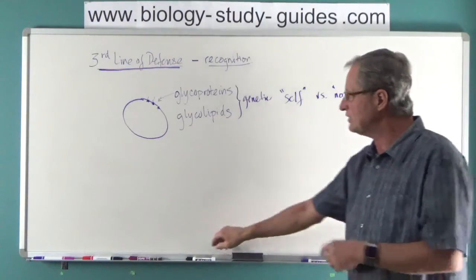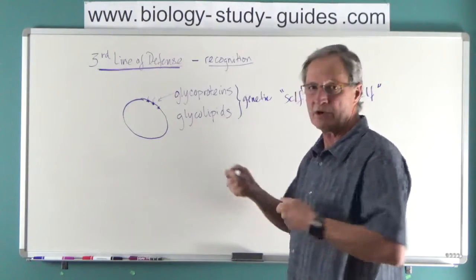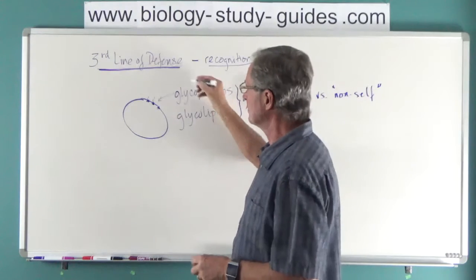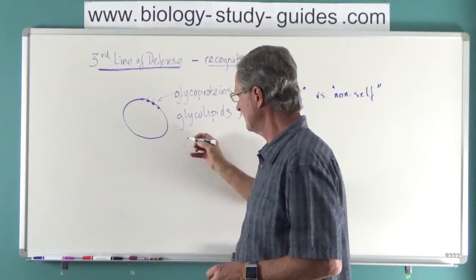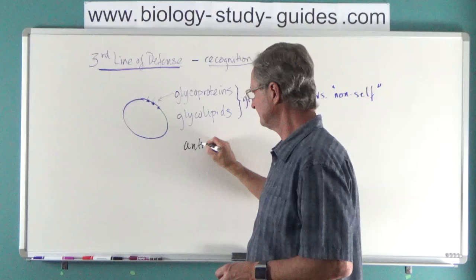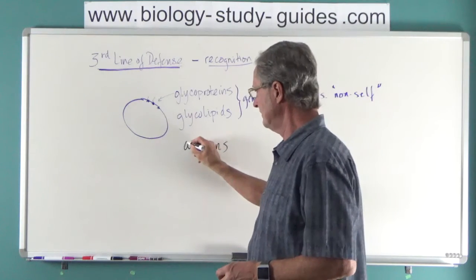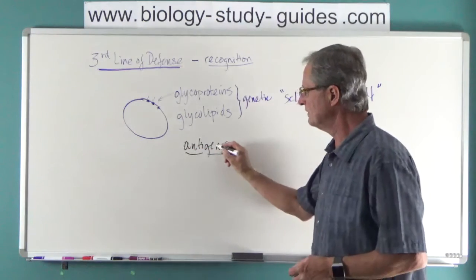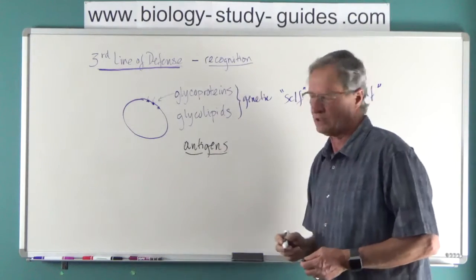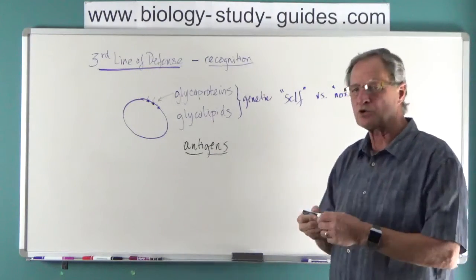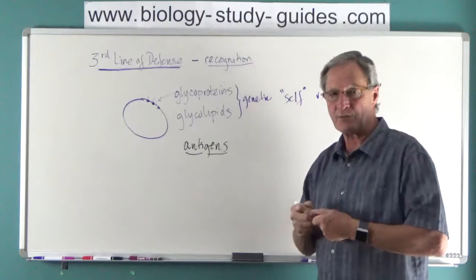There's a name applied to these things when we're talking about the immune system. These things are called antigens. Okay, so now let's have a look at exactly what goes on with the third line of defense and the recognition.